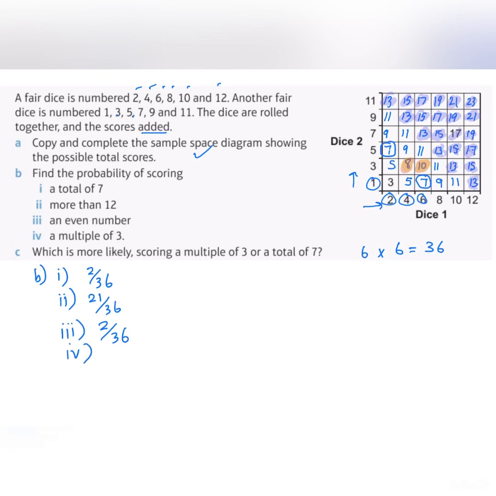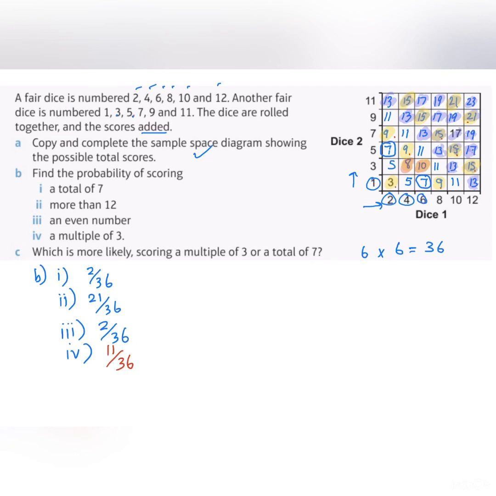So again, look for the multiples of 3 and highlight those and count them. Okay, so I've highlighted multiples of 3 in yellow. Let's count them. So we've got 1, 2, 3, 4, 5, 6, 7, 8, 9, 10, 11. So there are 11 out of 36 which are multiples of 3.